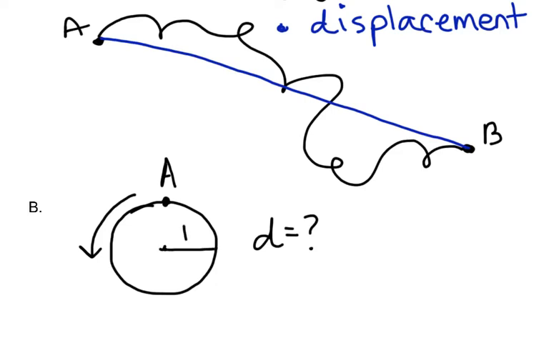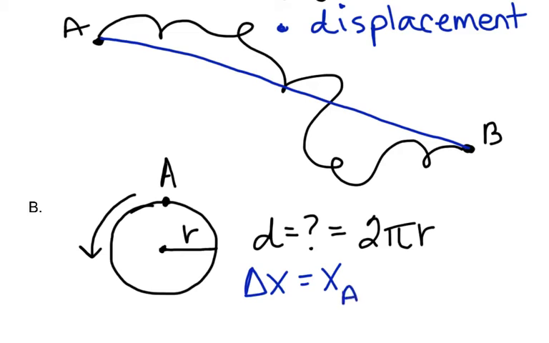We'll call that R right there. The distance is going to be equal to the circumference of the circle, which is just 2 pi r. But the displacement, on the other hand, which is a change in position, is going to be the final position, where it ends at A, minus the initial position, which is at point A, and that's equal to 0. If we're using the unit of meters, that would be 0 meters.